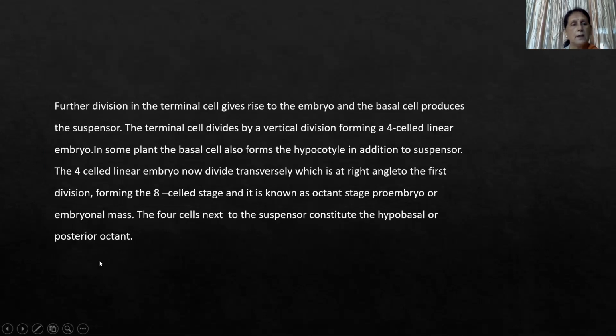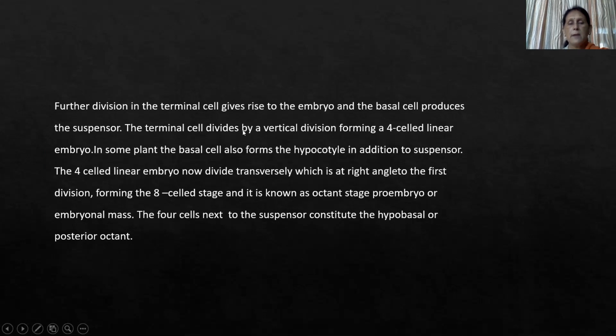Next, see the further division in the terminal cell. The terminal cell divides again and gives rise to the embryo, and the basal cell produces the suspensor. Which one plays the more important function? The terminal cell plays the more important role, as the embryo develops from it. The basal cell produces the suspensor.